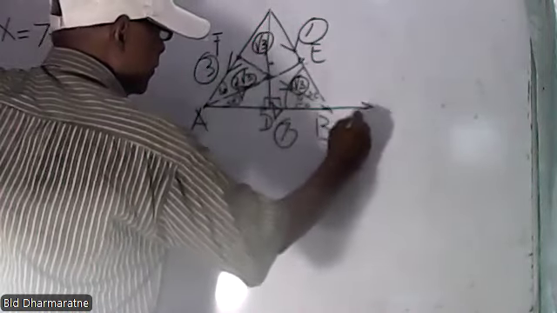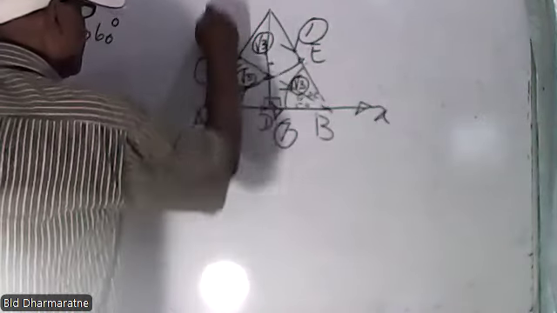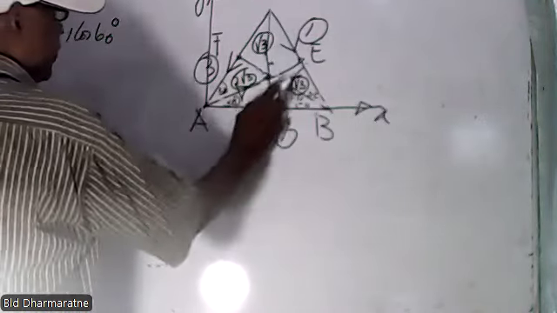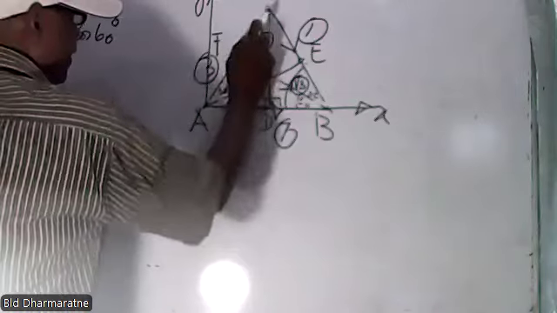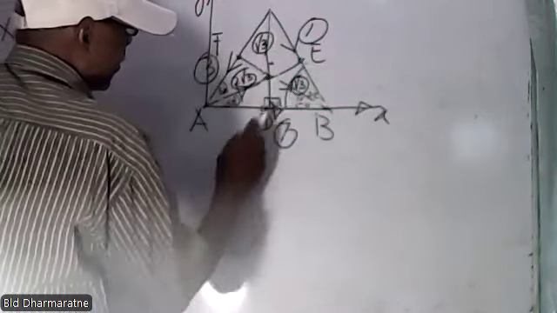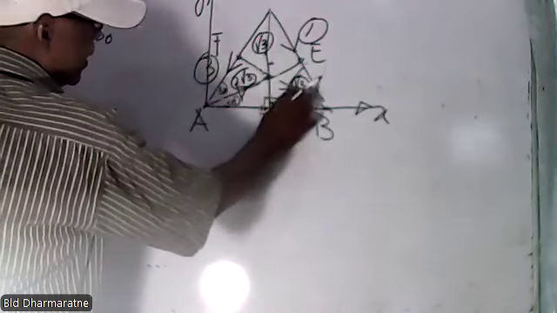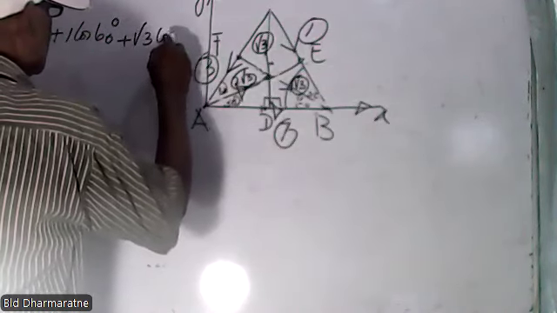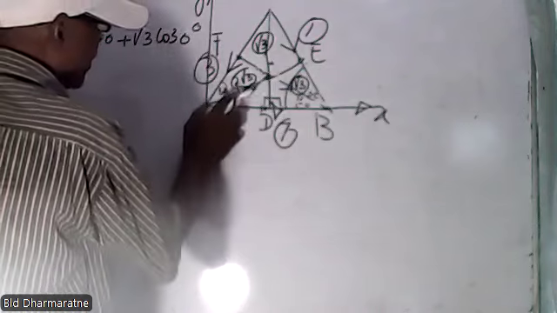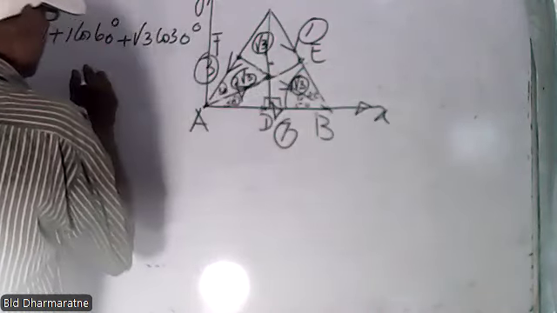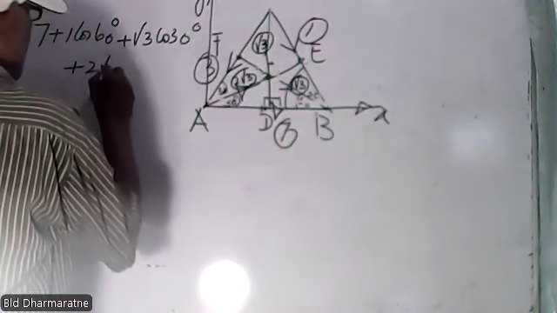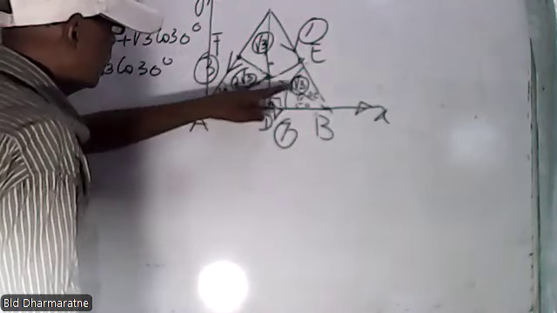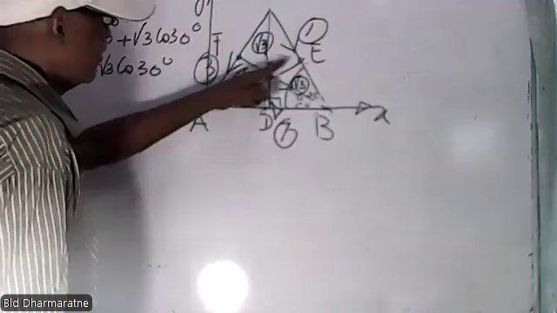This is the x-axis, we draw the y-axis. The 3 forces already considered are neglected. The angled forces are root 3 cos 30 plus root 3 cos 30, so 2 root 3 cos 30, positive. Consider this force, this one, and this one.